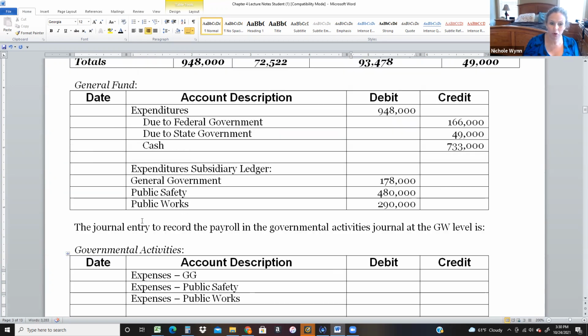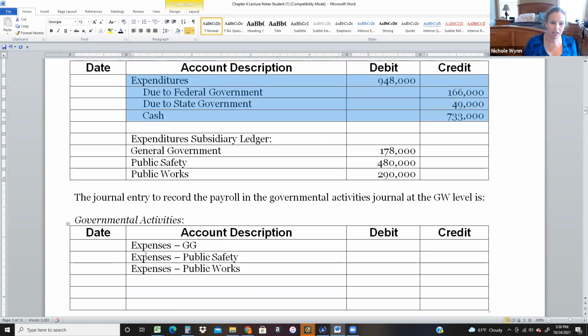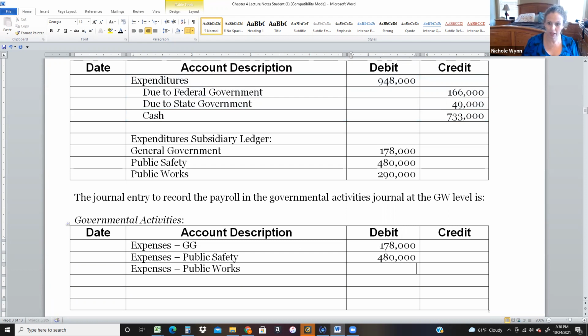So this is where we're doing this exact entry down here, but I'm detailing my expenditures. And so I'm going to do 178, 480, and 290. So this totals the 948.